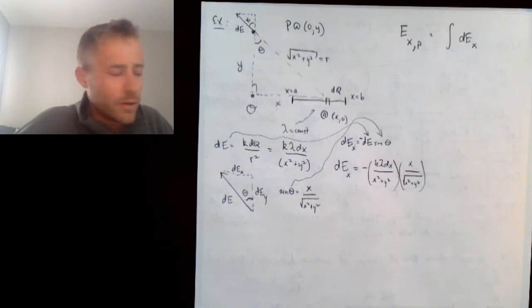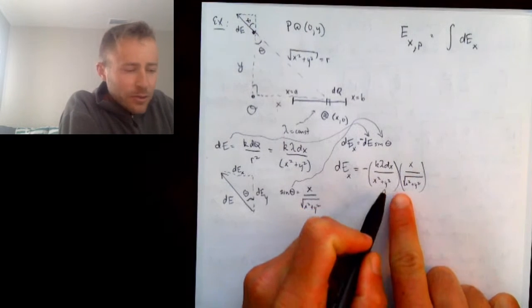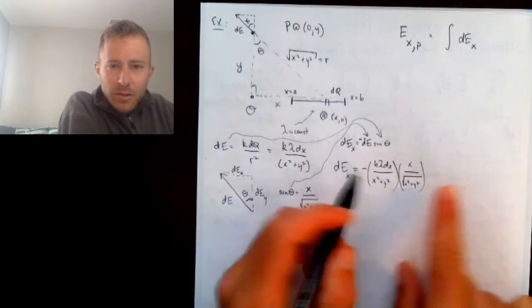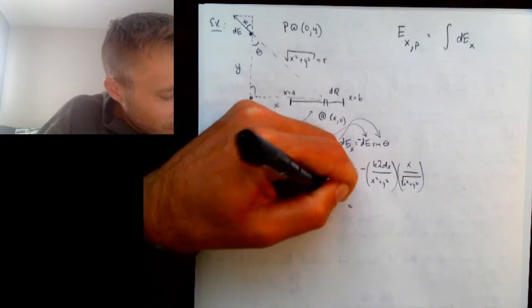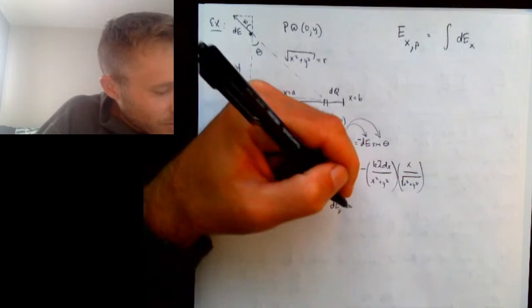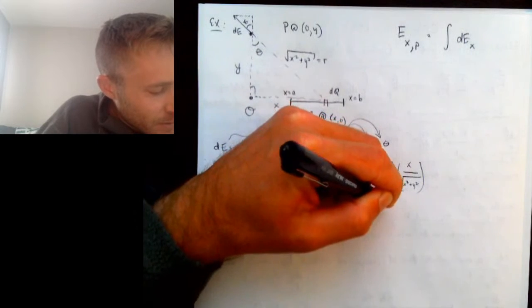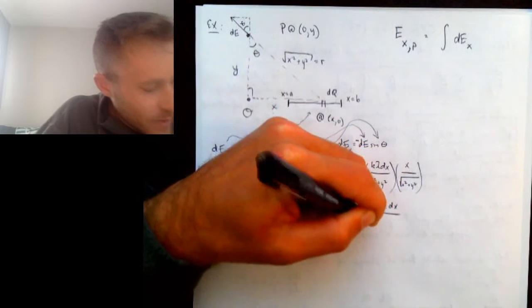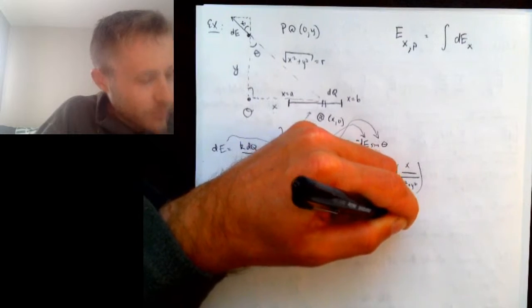Now I can take these two together. This is kind of like z, and this is z to the 1/2, so I combine them and get the 3/2 power. So my dE sub x is minus k lambda times x dx over x squared plus y squared to the 3/2.